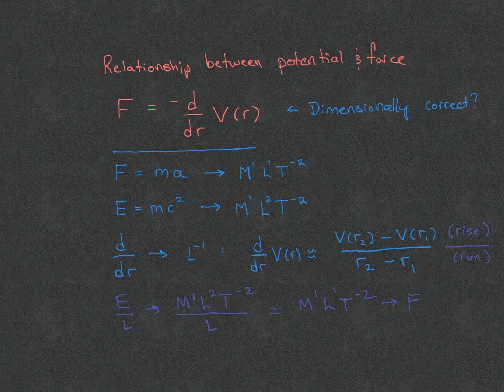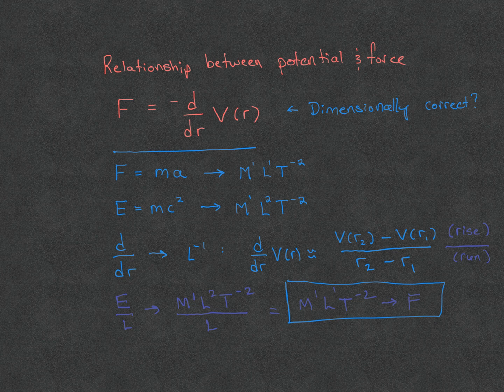So this statement is correct. Okay, dimensionally, this makes sense. That's what we've shown here: that taking the derivative with respect to a length variable of the potential could plausibly yield a force because the dimensionality is correct. Now, the other question is this negative sign.